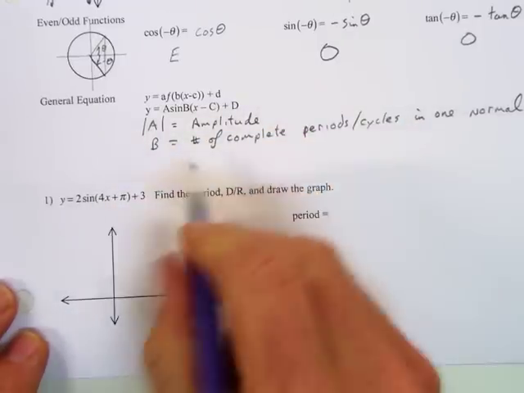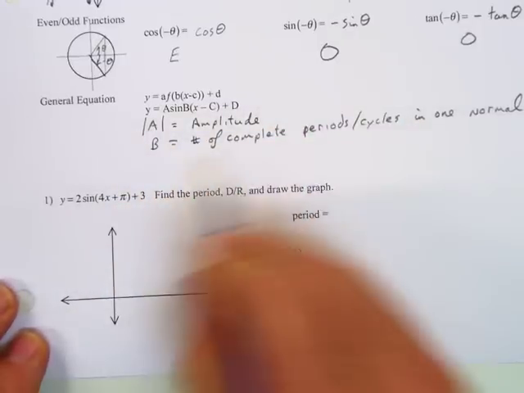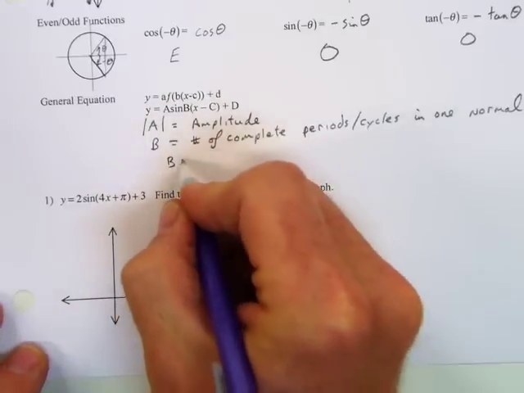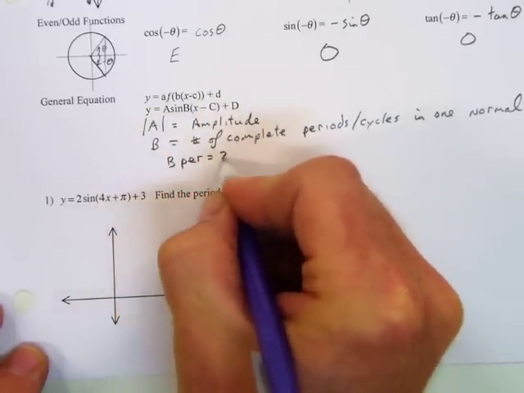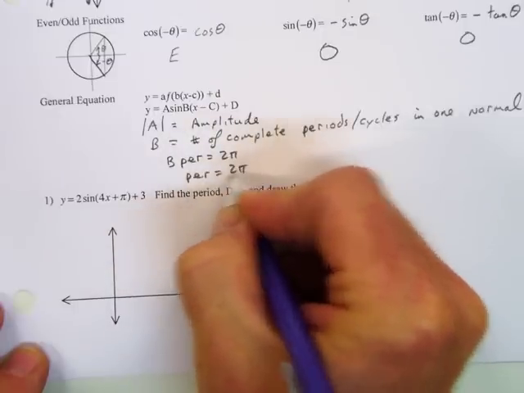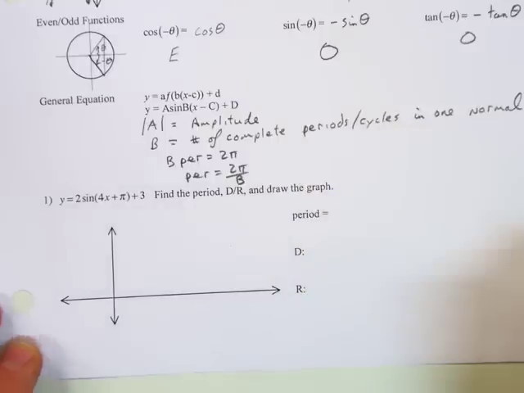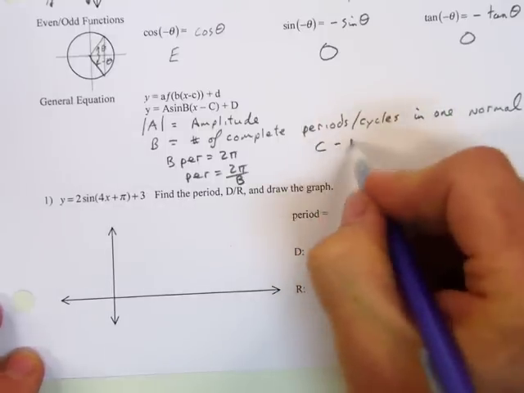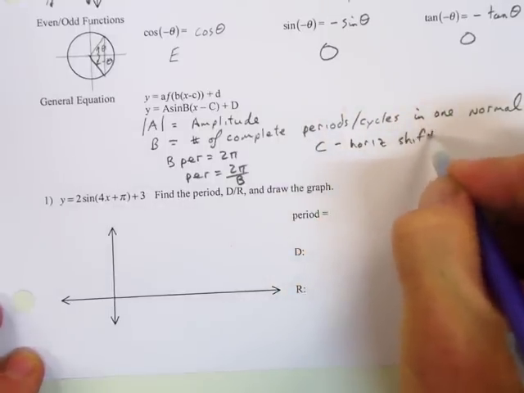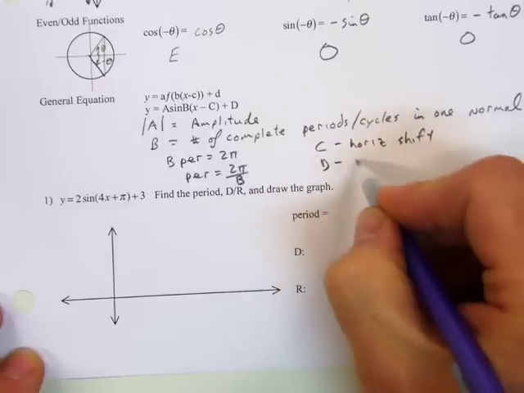So we have B complete periods in one normal one. That gives us B periods equals 2 pi, or in other words, the period is 2 pi over B. C is our horizontal shift, and then D would be our vertical shift.